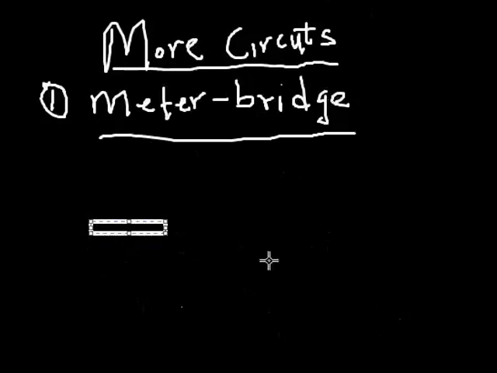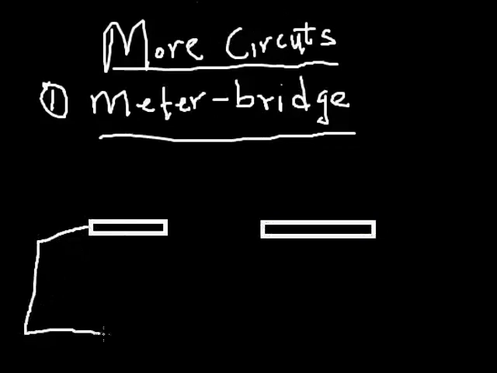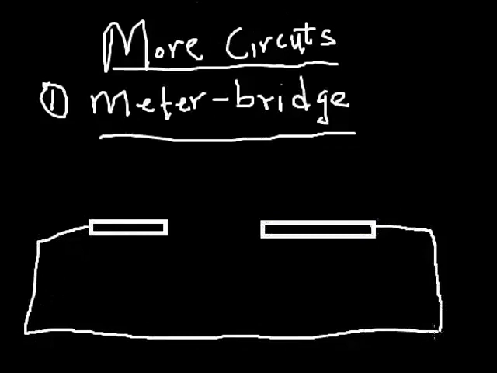Let's say I've got two resistors. Then I'll connect these two to a length of wire, known as the meter bridge.